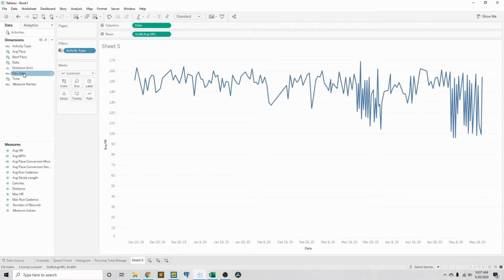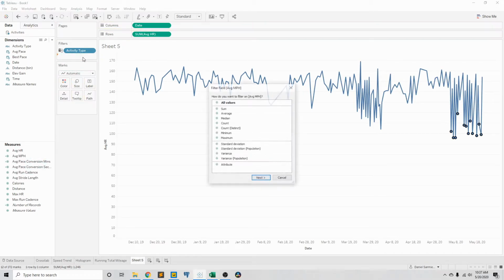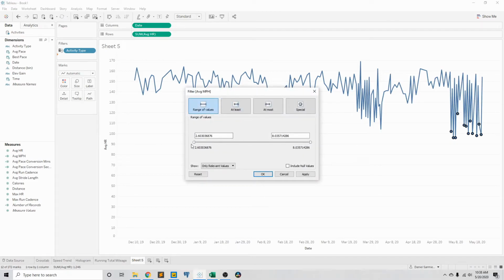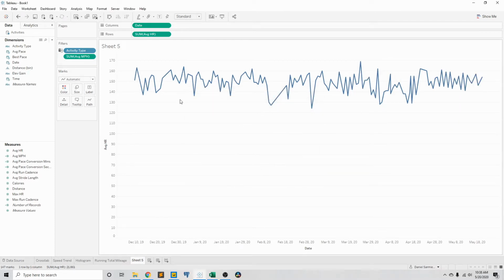Oh, and let's make sure, for my average heart rate, I don't want to include the walks, so I'm going to make sure that my average miles per hour is at least 4 miles per hour. And there we go. We've taken out our walks.